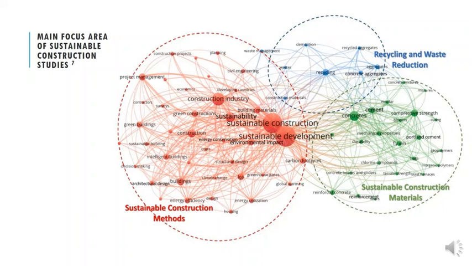This means that the number of publications in which global warming and energy utilization occur together is lower than the number of publications in which project management and sustainable construction occur together. It also means that the strength of the link between global warming and energy utilization is weaker compared to the strength of the link between project management and sustainable construction.